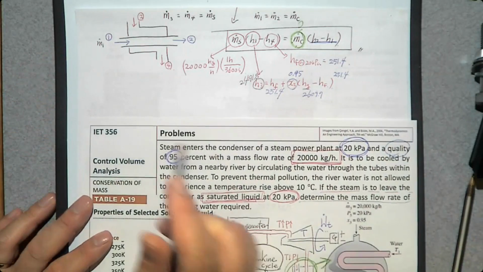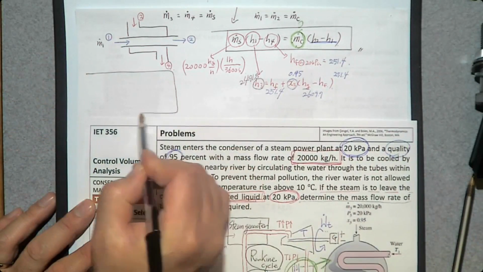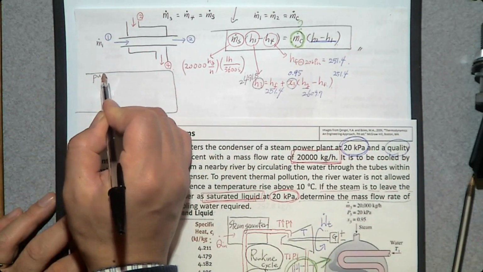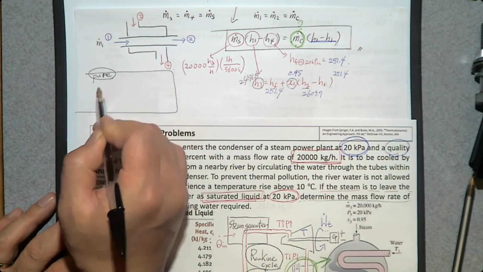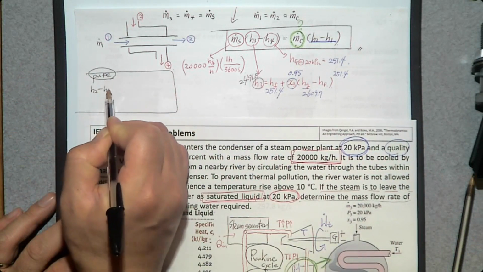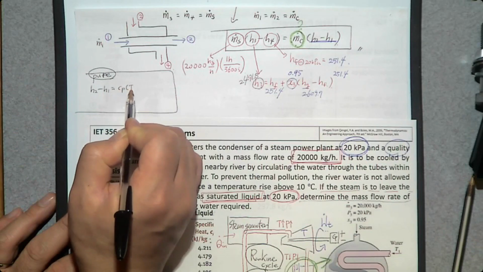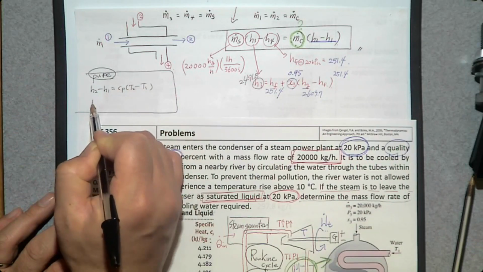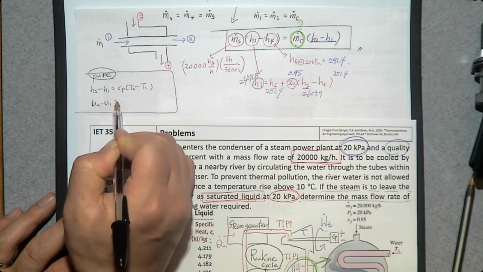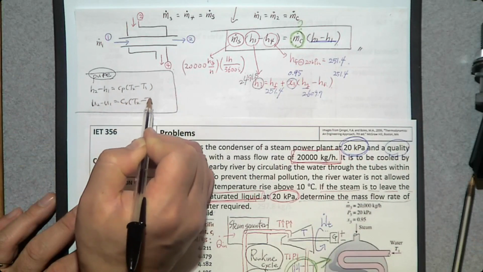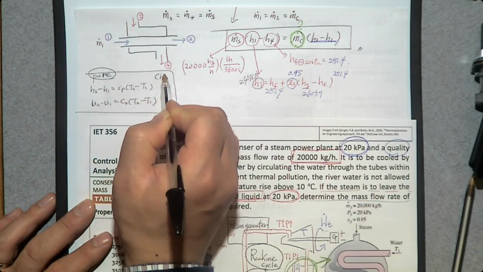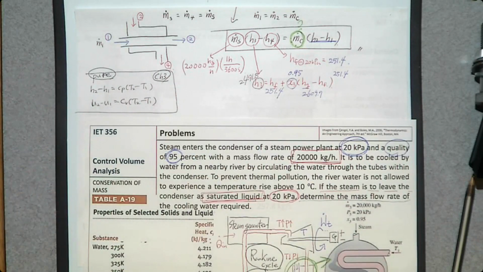How do we determine H2 minus H1 if it is pure liquid? If we have a pure system without phase change, H2 minus H1 is Cp (T2 minus T1). U2 minus U1 is Cv (T2 minus T1). You remember this from chapter 3? Yes, specific heat equations. So here is H2 minus H1.